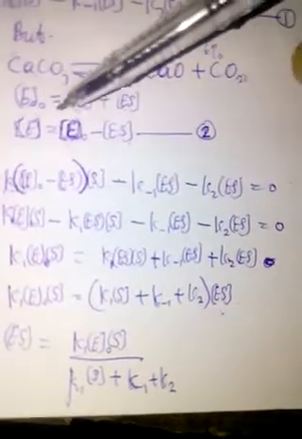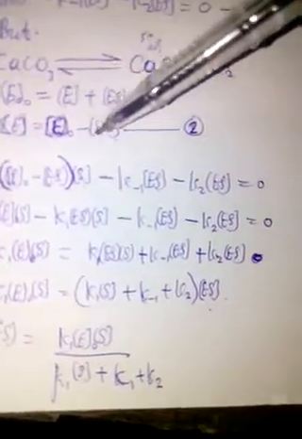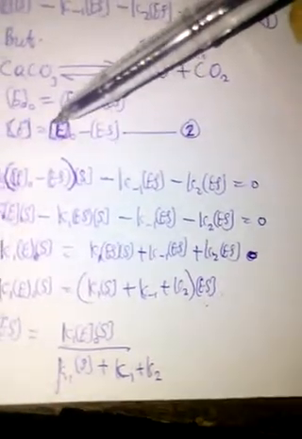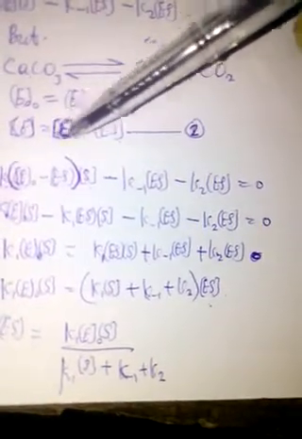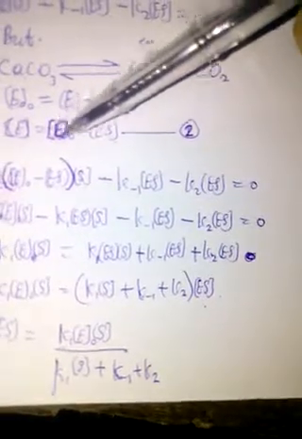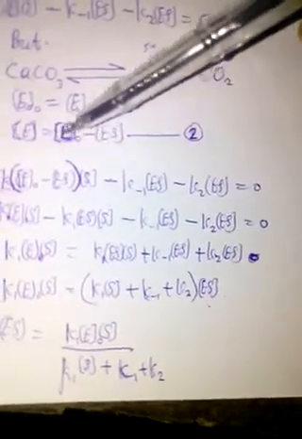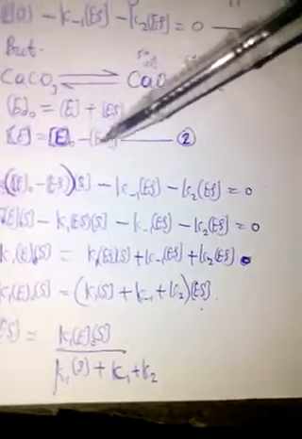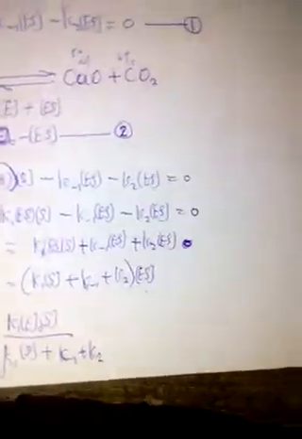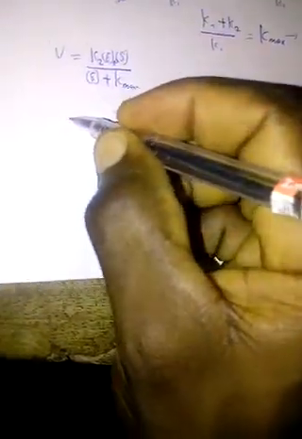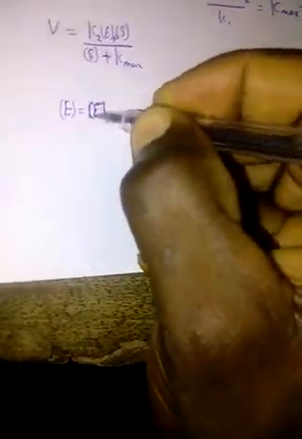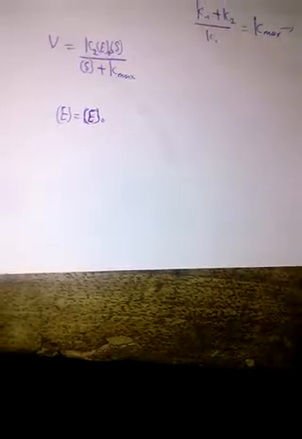But from equation 2, when all the enzyme has been used up, has finished, and we have no ES again, equation 2 will become E equals to E naught at maximum velocity, the rate at which you don't have any ES, the intermediate, anymore, that is, everything has been converted to the product.